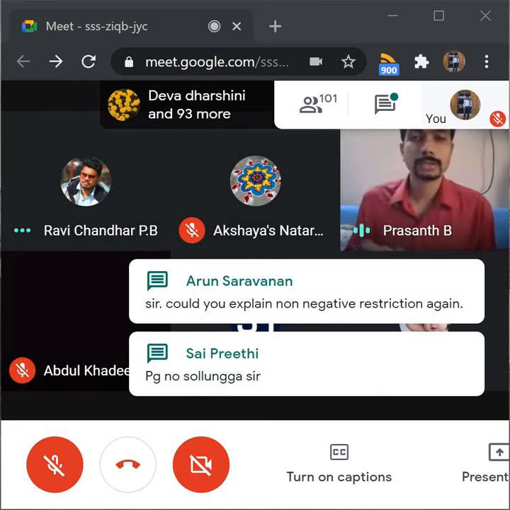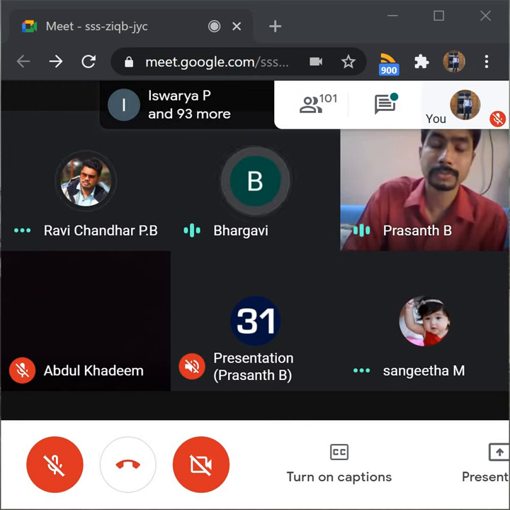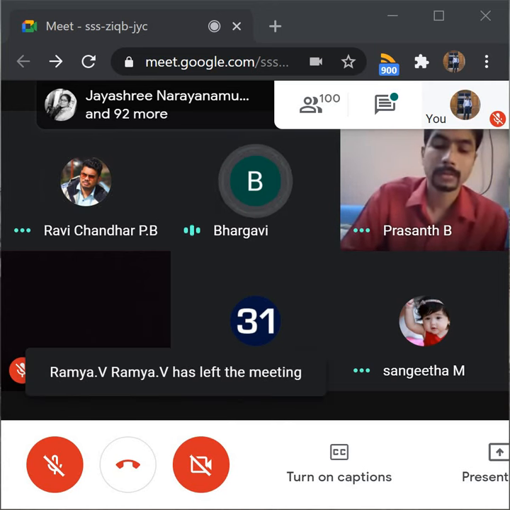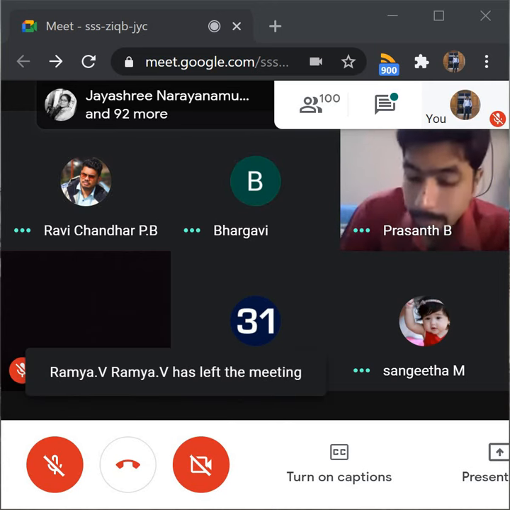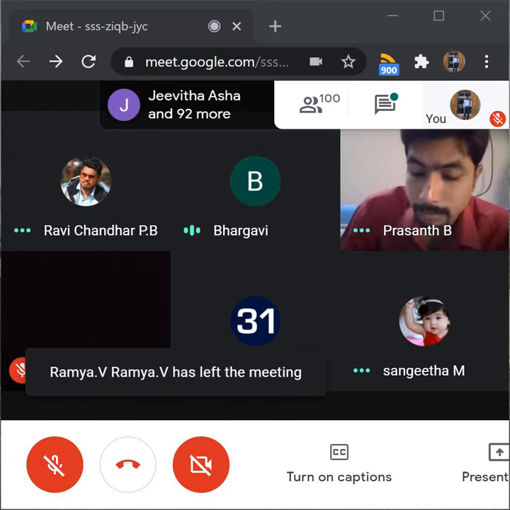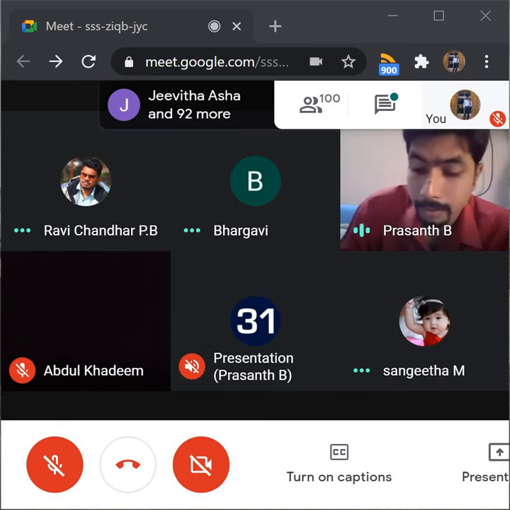Then the constraints. Subject to x1 plus 3x2 plus 2x3 less than or equal to 10.